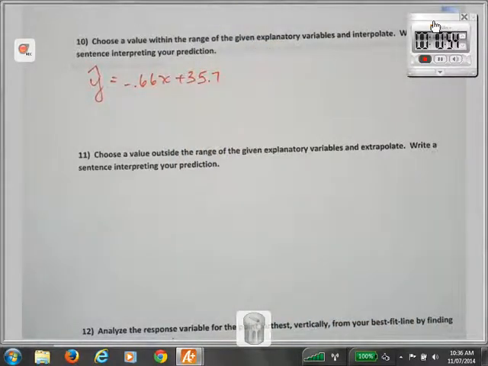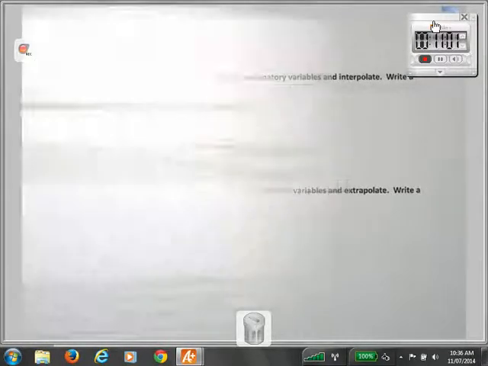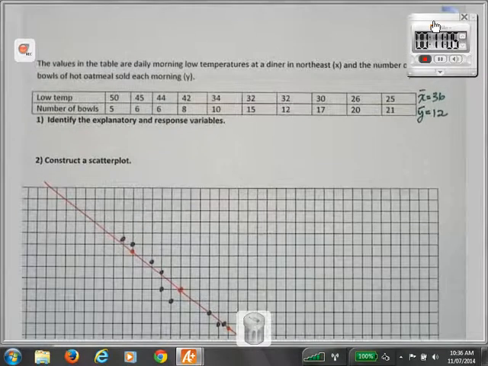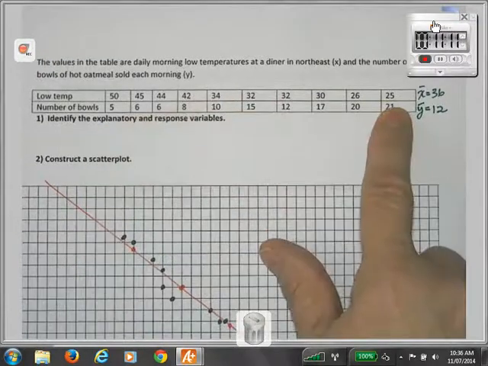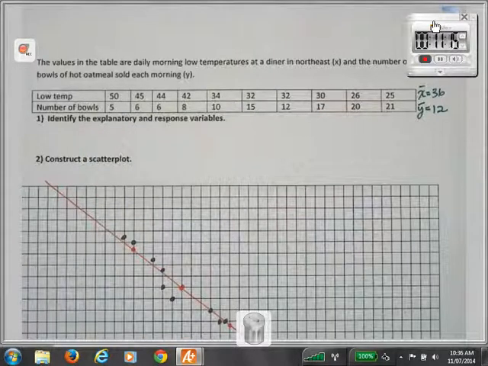Okay. When I say I want within the range of the explanatory variables, go back and look at your list of variables. Which one's the explanatory variable? The low temperature is the explanatory variable, and the range goes from a low of 25 to a high of 50. So I need a value. I'm just going to pick a value. You are going to pick a value in your data set that you want to make this prediction with.